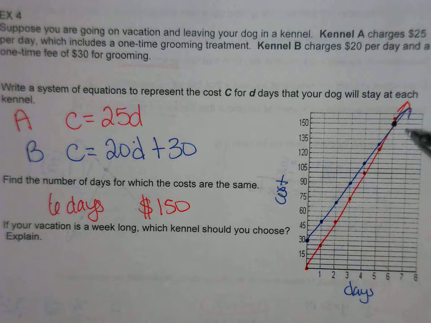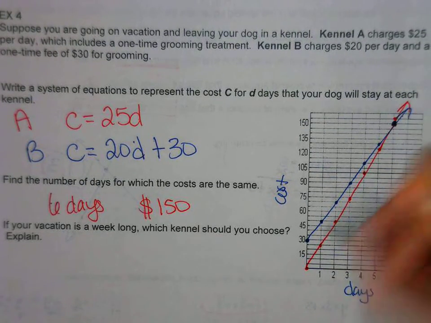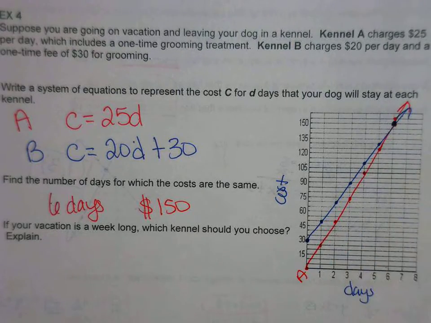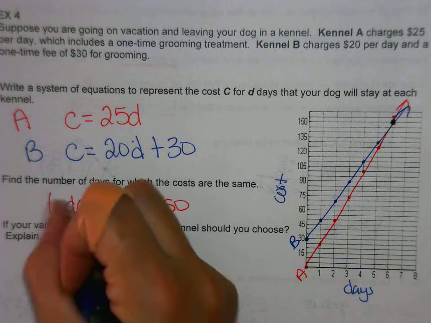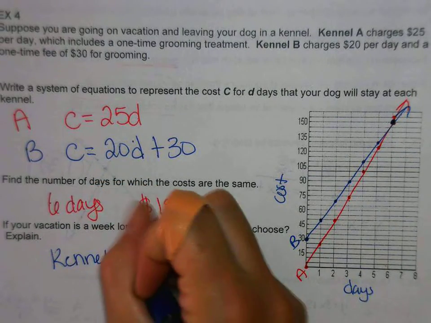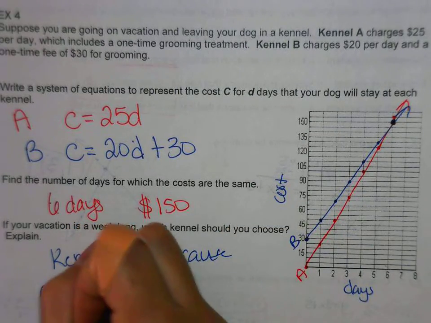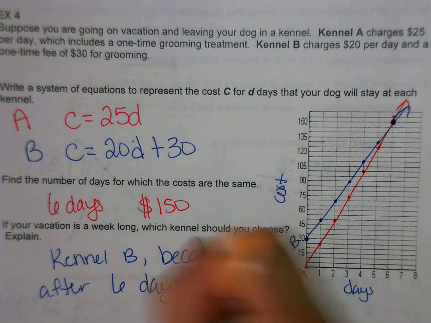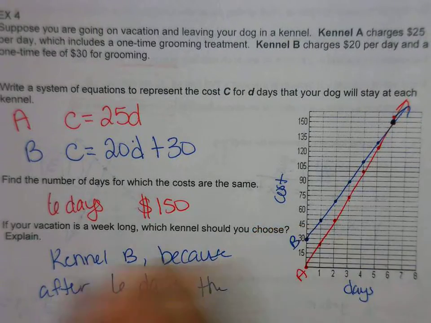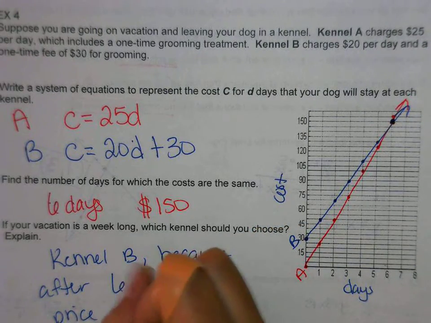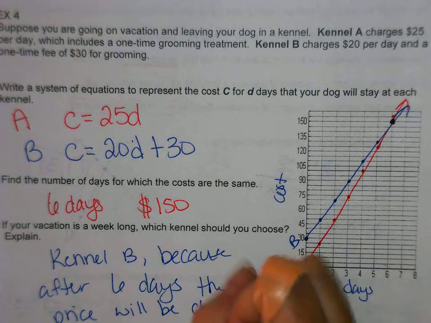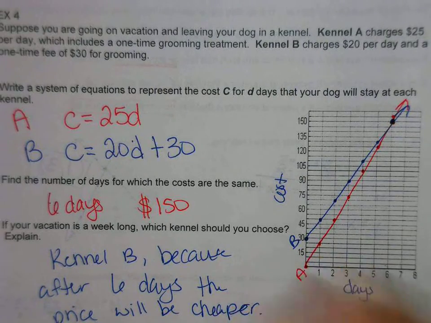Judging by our graphs, after day 6, kennel B ends up being the cheaper place to stay. So we want to choose kennel B because after 6 days, the price will be cheaper. We're basing that off of our graph.